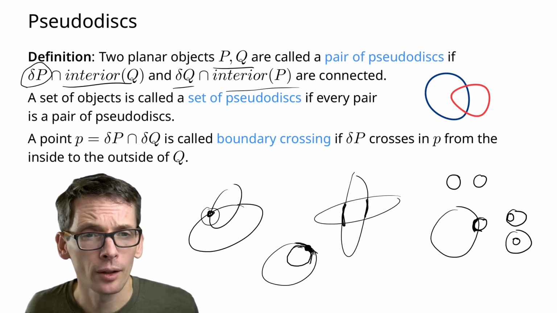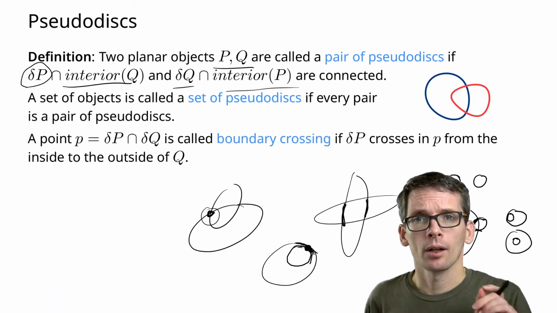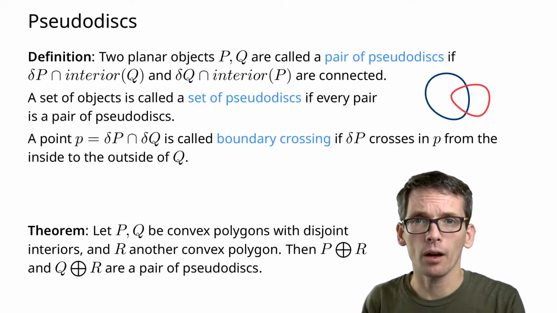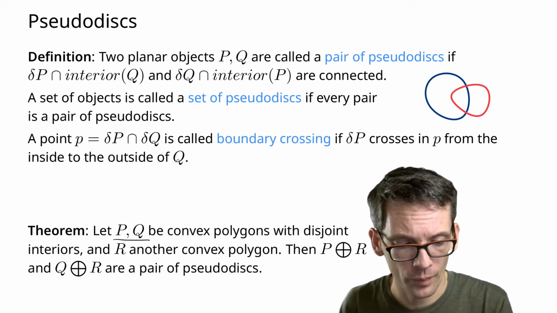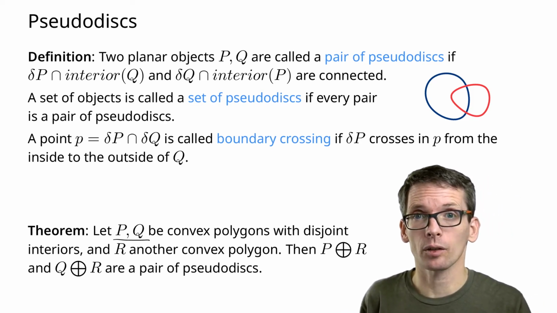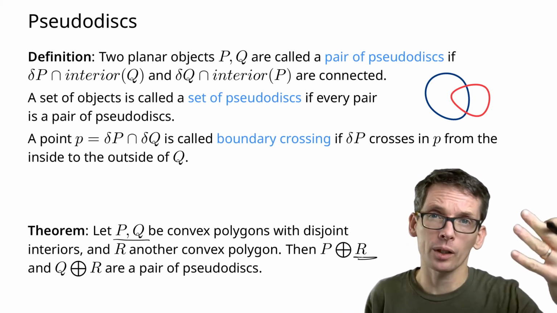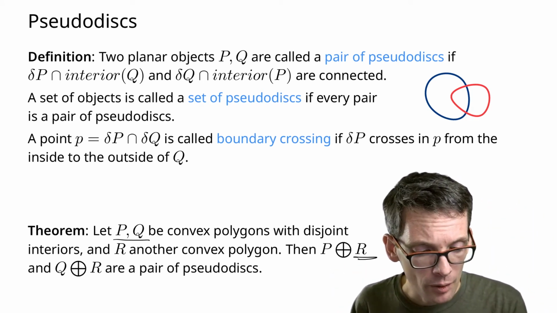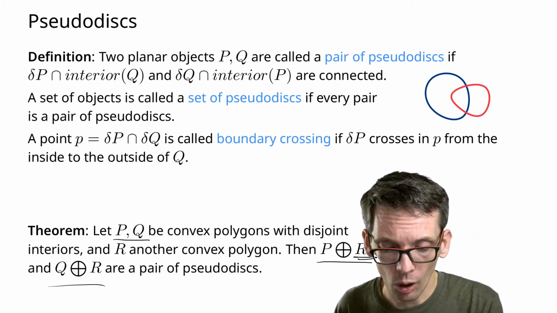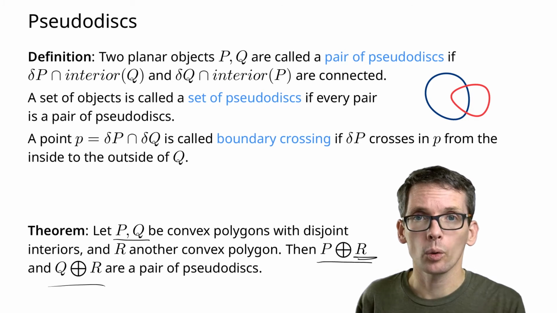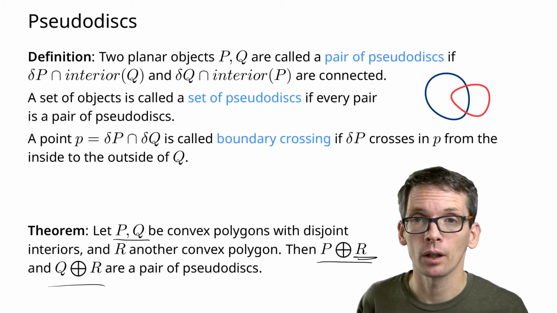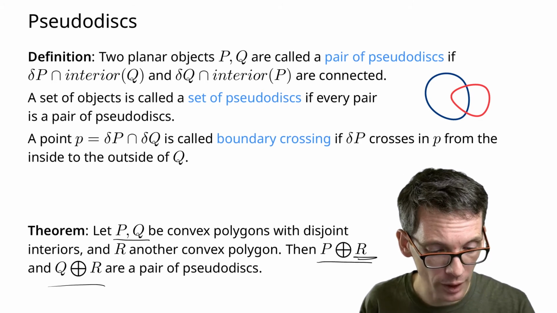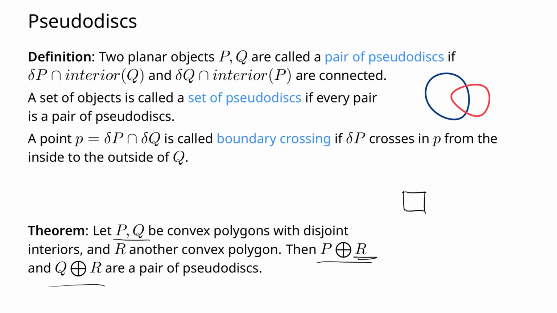So how does that relate to our setting? We have the following. If we have two convex polygons, P and Q, and we take the Minkowski sum with yet another convex polygon, R, and R will in our case take the role of the inversion of the robot, then the Minkowski sum of P and R and the Minkowski sum of Q and R are a pair of pseudodiscs, meaning the intersection pattern is like for disks. So let's illustrate that. Let's say R is a square like that. I have P here, let's say.